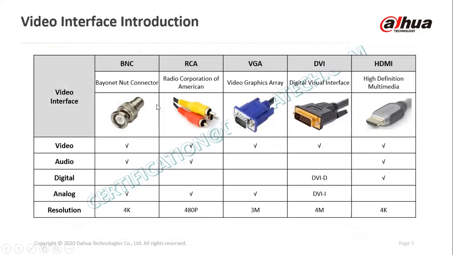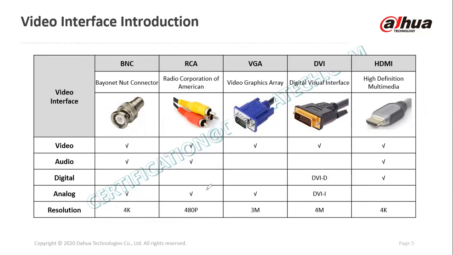RCA cable is a common video cable, and we have VGA, DVI, and HDMI. You can see BNC supports up to 4K, so you can use a 5 megapixel camera on a BNC interface. For RCA, you cannot go above 480p.